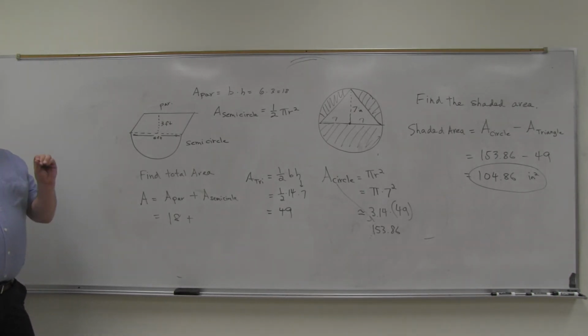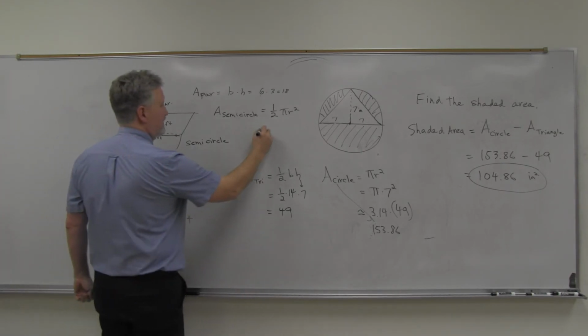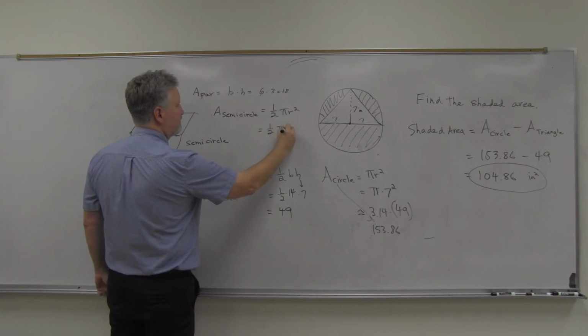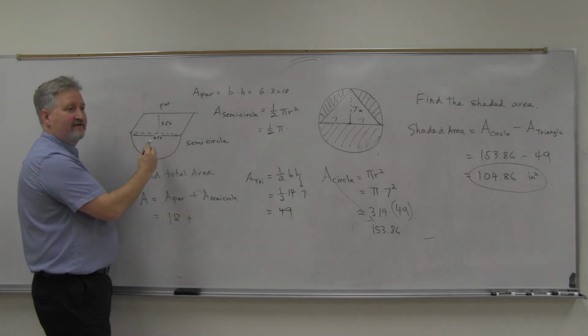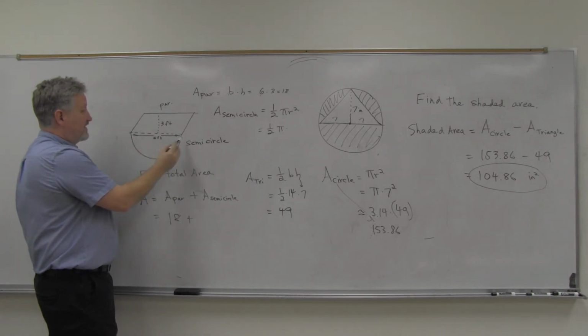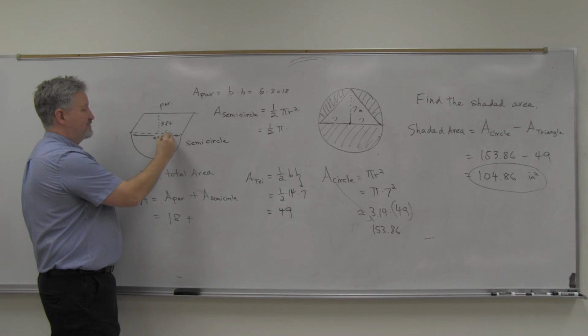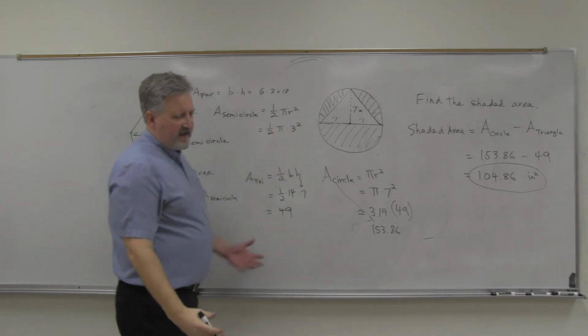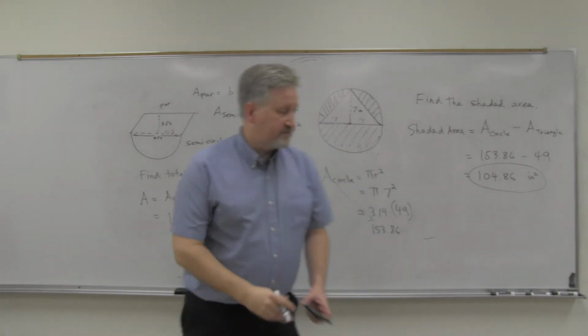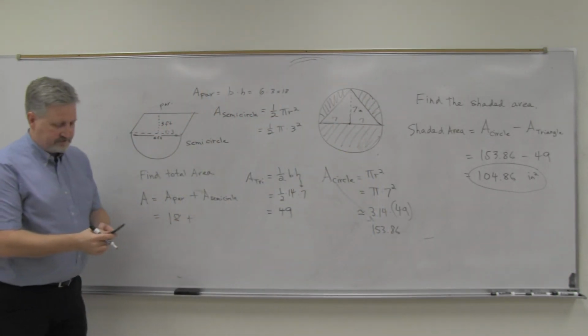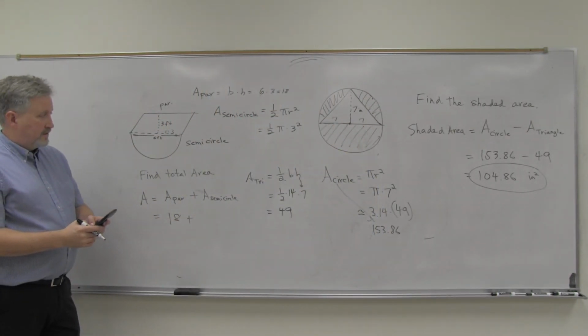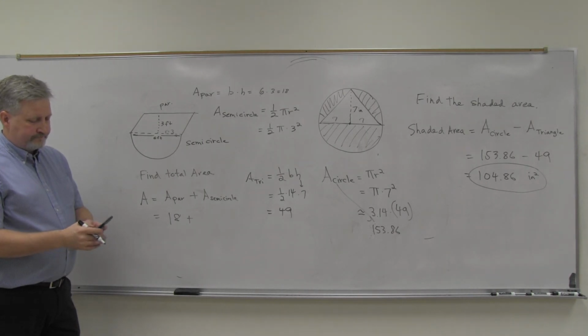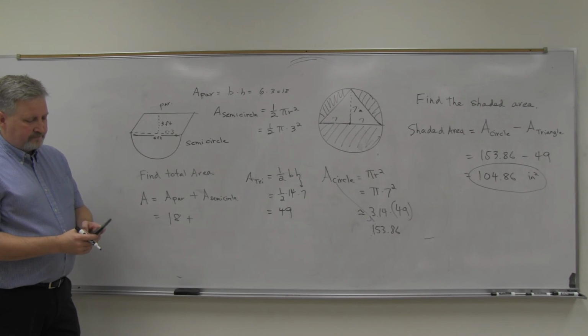You have to be careful, again, we're wanting the radius. What's the radius on this circle? Yeah, the diameter is 6, so the radius would be 3. So it's half times pi times 3 squared, so it's half times 3.14 times 9.